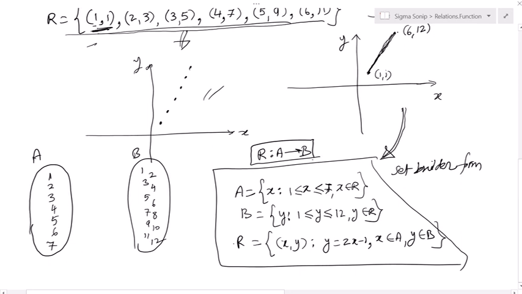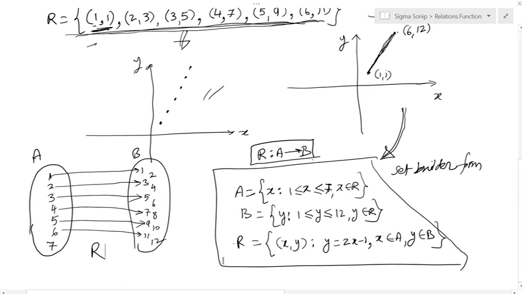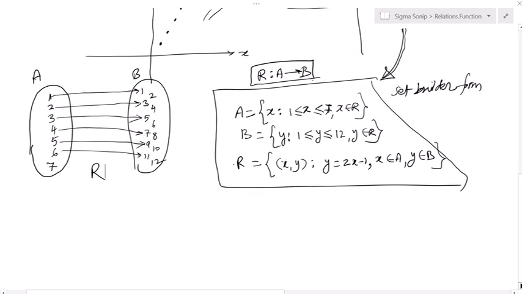And as noted in the roster form, 1 maps to 1, 2 maps to 3, 3 maps to 5, 4 maps to 7, 5 maps to 9, and 6 maps to 11. And that's the arrow form of relation R. It's a pictorial presentation, and it tells you what elements are related to what.